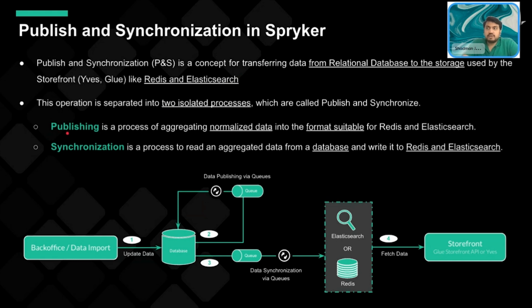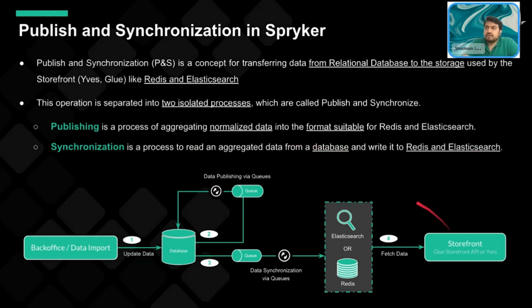What publishing does is convert your data from a normalized format into a suitable format which Elasticsearch and Redis can use. This is where we are just formatting our data for Elasticsearch and Redis. The second process, synchronization, will pull that data from the database where we have placed it after formatting, and then write it into Redis and Elasticsearch.